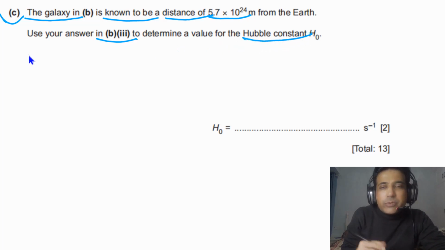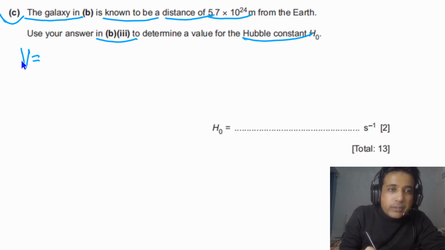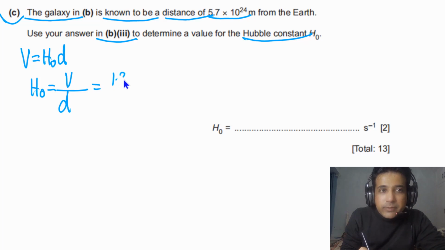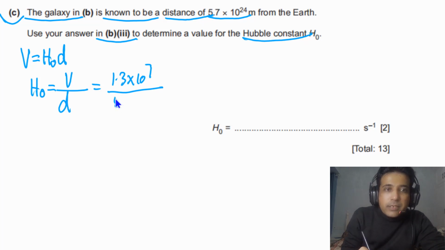So this question is simply about Hubble's law. According to Hubble's law, v, the speed of the galaxy, is equal to h0 times d, and we need to calculate in this case Hubble's constant. So simply we can say Hubble's constant is equal to v divided by d, and v is the speed of the galaxy, which we have calculated in part B. So simply we can divide this by the given distance, 5.7 times 10 to 24.